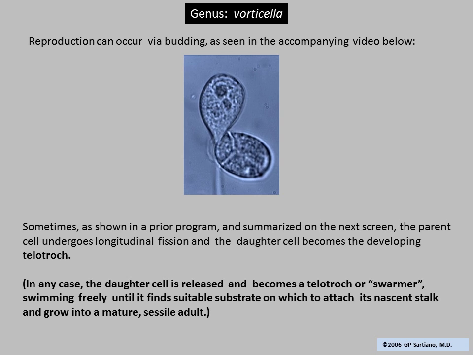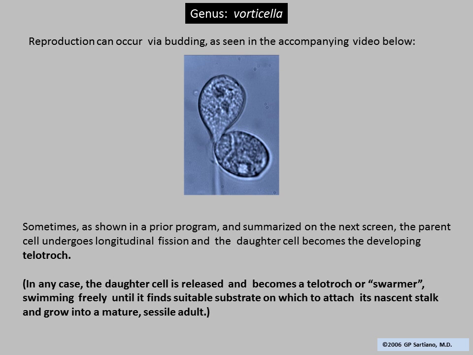Reproduction can occur via budding, as shown in the accompanying video below. Sometimes, as shown in a prior program and summarized on the next screen, the parent cell undergoes longitudinal fission and the daughter cell becomes the developing telotroch.